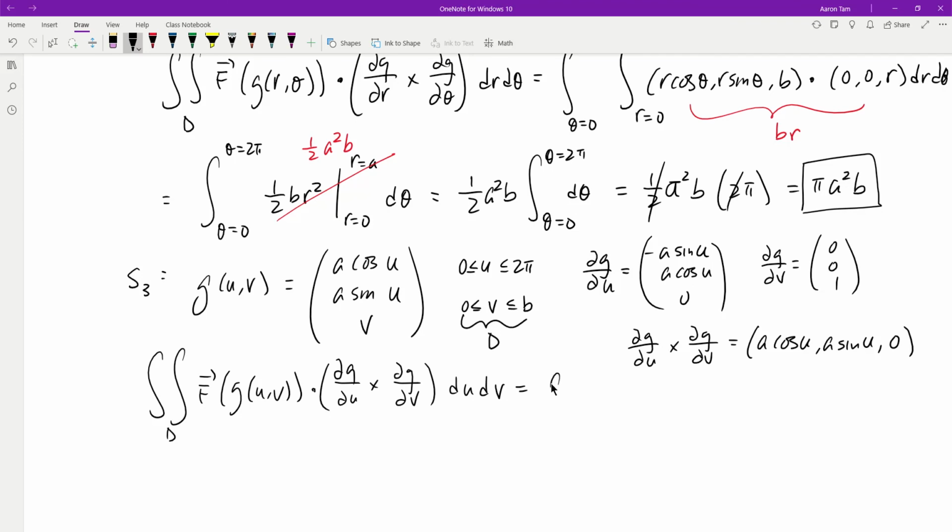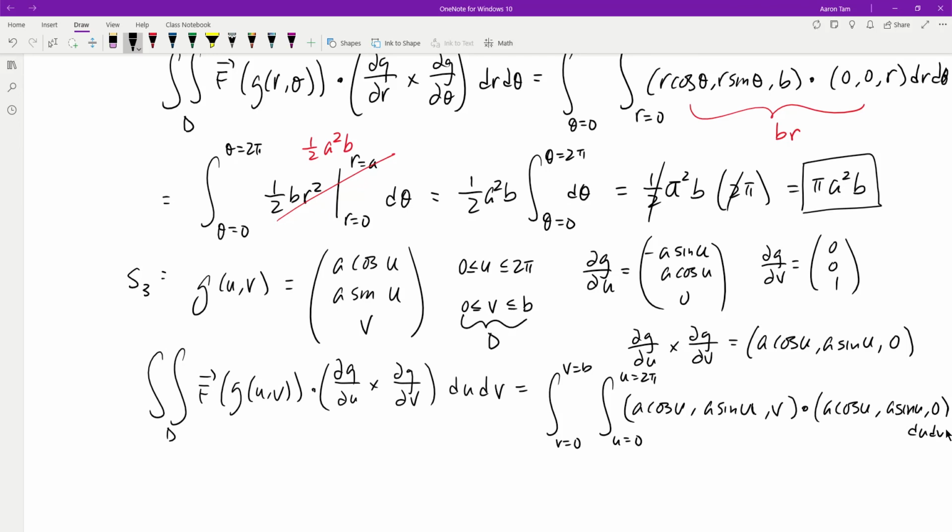So v goes from 0 to b, u goes from 0 to 2 pi, and this is a cosine u, a sine u, v, dot product a cosine u, a sine u, 0, and then du dv.